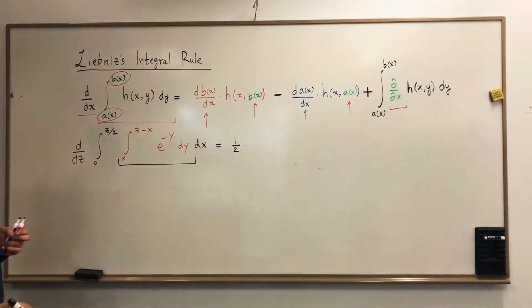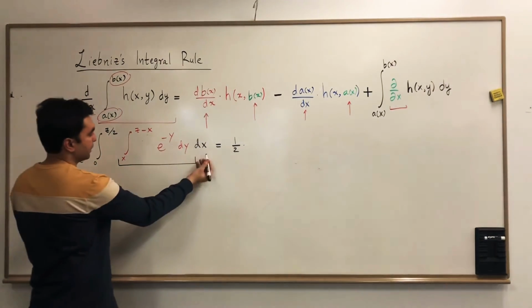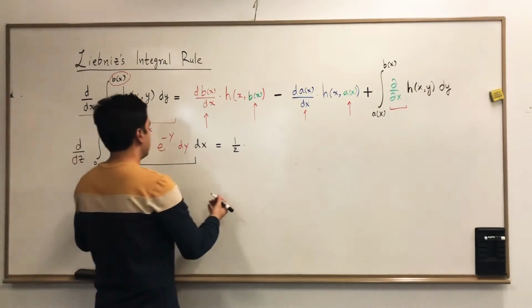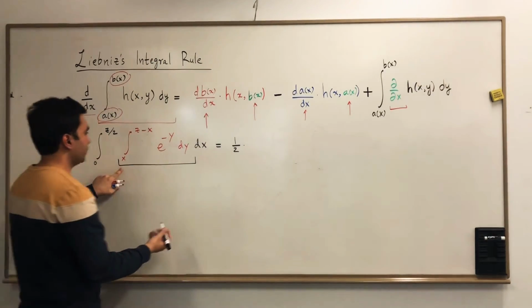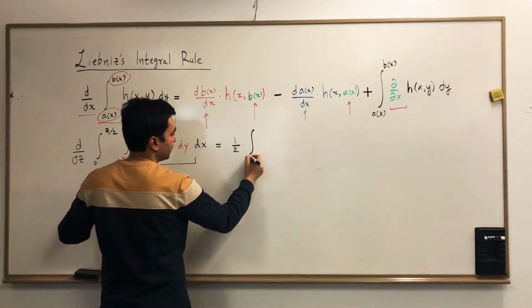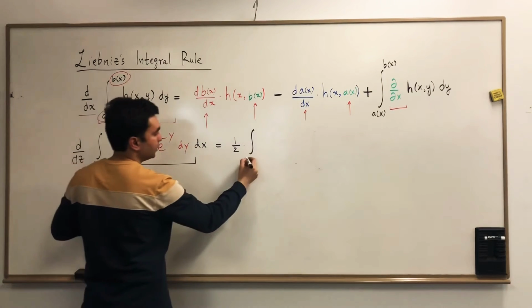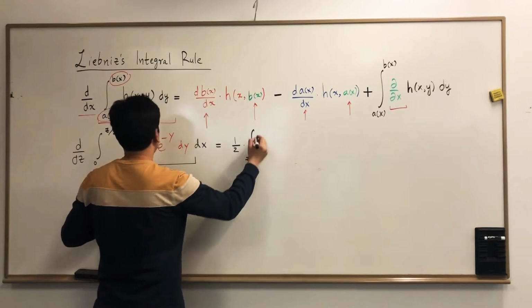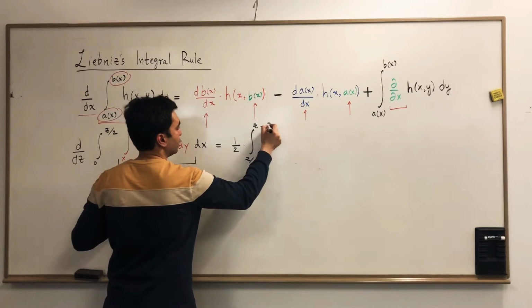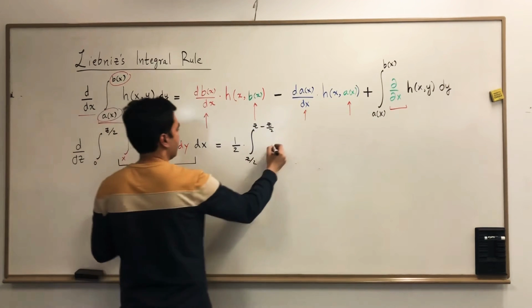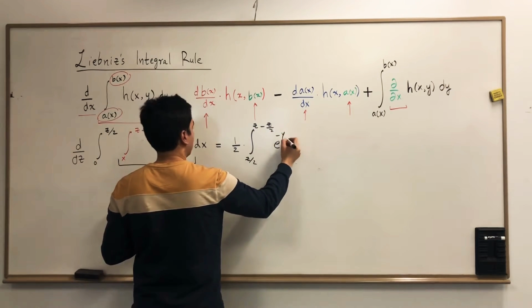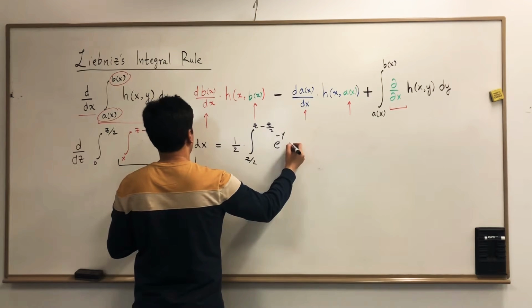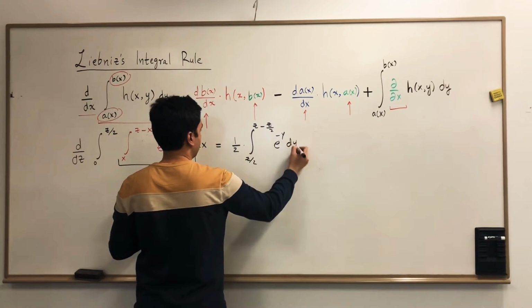And this function is just a function of x because you're doing dx. So let's substitute x equals z over 2 here, which makes this x equals z over 2 to z minus z over 2, e to the negative y dy.